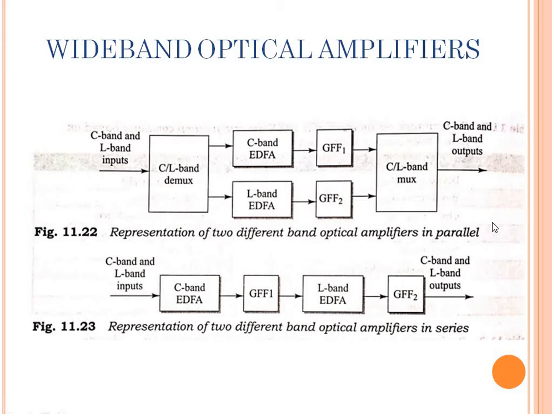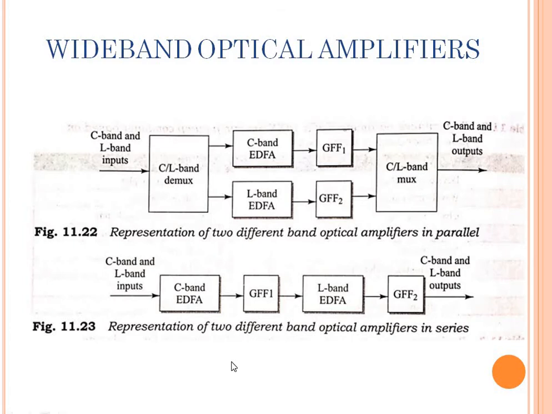So the disadvantage of the parallel configuration is that the two WDM devices needed before and after each amplifier add to the system insertion loss.